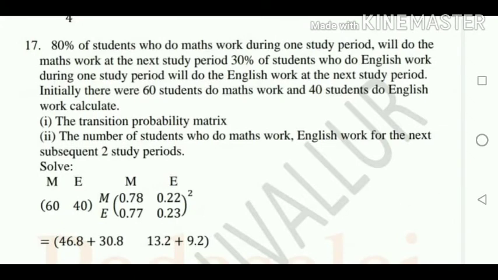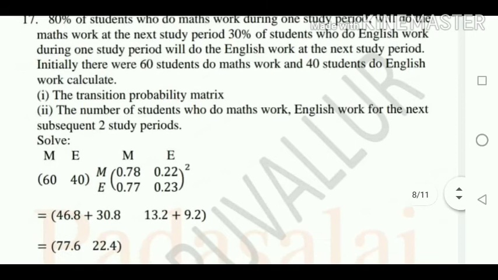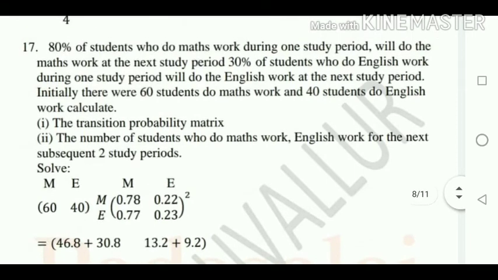So 80% for maths means here 80 and 20. So maths and English, the two things are given. Okay, maths we take as M and English as E.